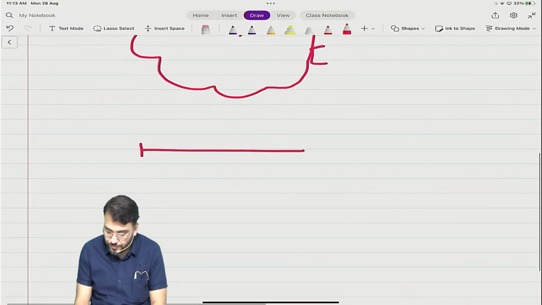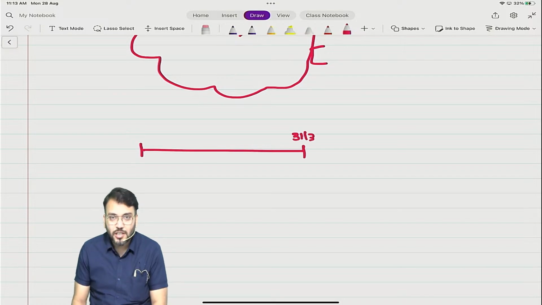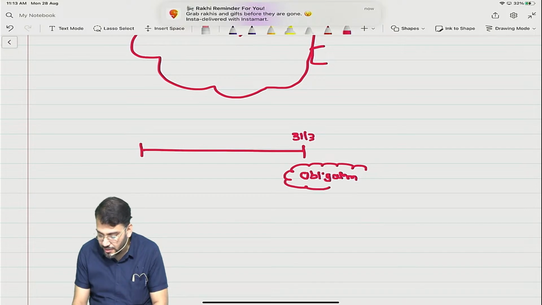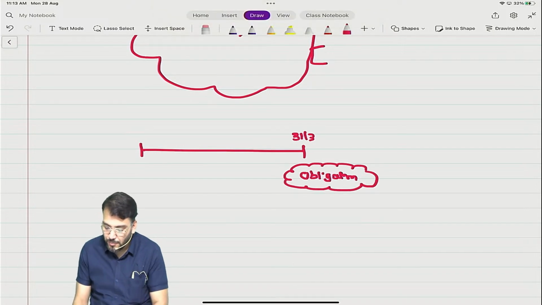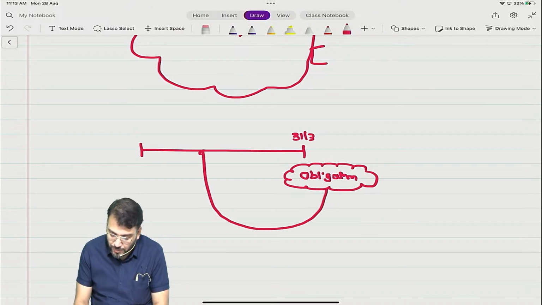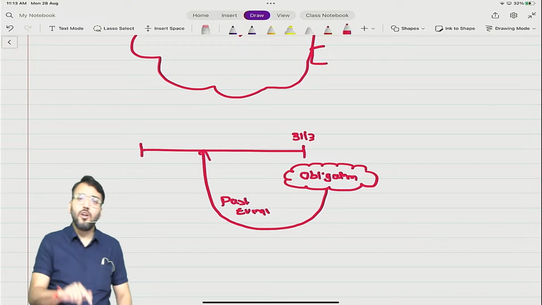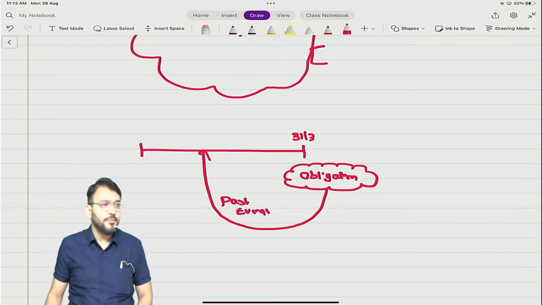We have understood that on 31st March there must be an obligation. Obligation must exist on which date? On 31st March. And that arises from which event? Past event. But can I say all past events will not give rise to an obligation on the reporting date?